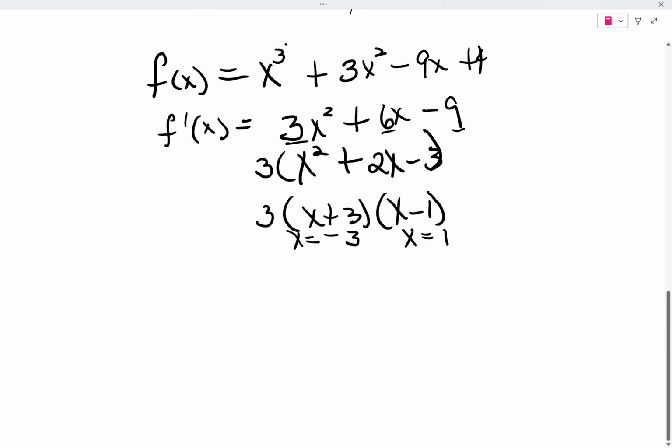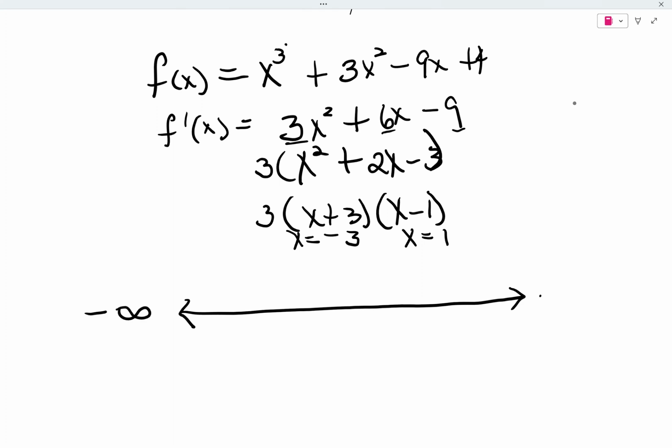So I'm immediately thinking a number line, and I want you to think the same way. Where this is -infinity, this is +infinity, you have a -3 cutoff, in a sense, think of it as a cutoff, and a +1 cutoff.